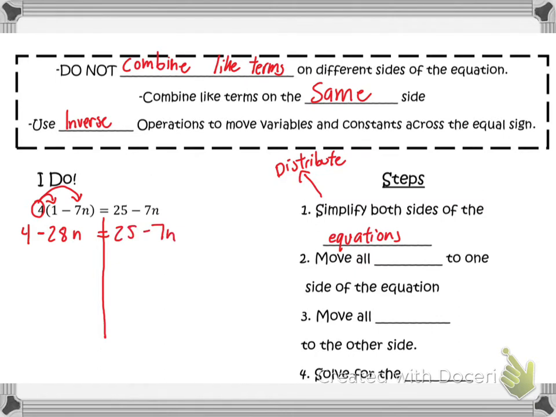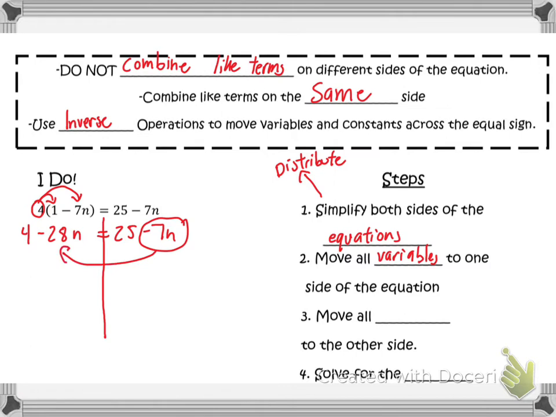Alright, step 2, move all variables to one side of the equation. Variables are letters, in this case you have n, so we want to move the n's to one side. So I have two options. I can either move the negative 28n over, or I move the negative 7n over.